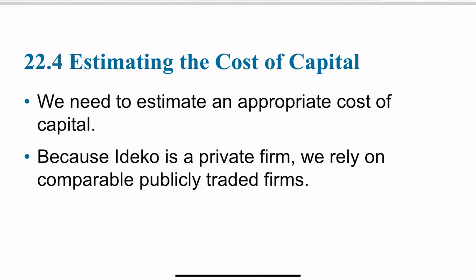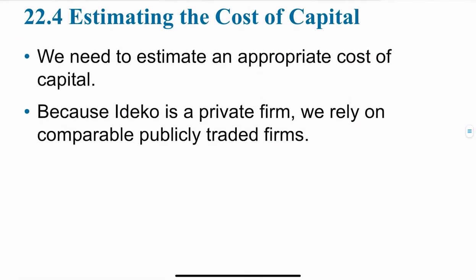We will basically look at the cost of capital from other comparable firms, and we will borrow this number from comparable firms. Remember in the last chapter, right? The approach is we will look at comparable firms' unlevered cost of capital, and then we will use this unlevered cost of capital as our own firm's unlevered cost of capital.